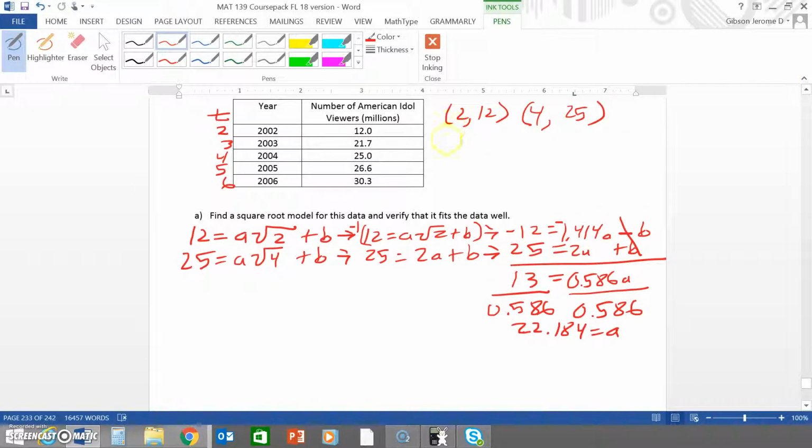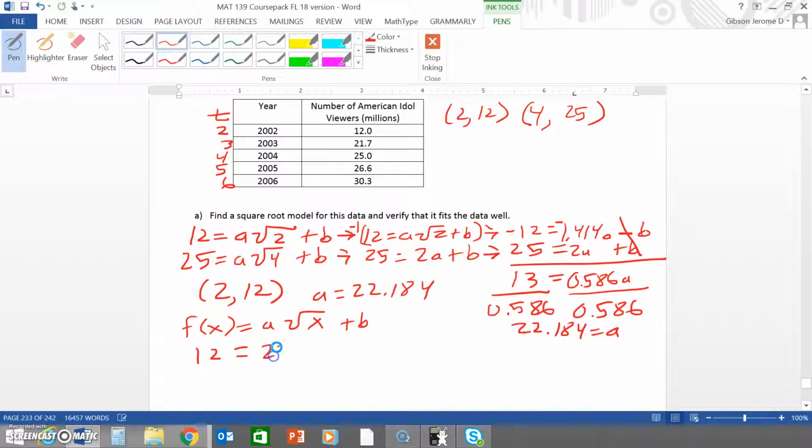The ordered pair I would pick is (2, 12), and we also have that A is equal to 22.184. So the formula is f of x is equal to A times the square root of x plus b. We know f of x is the same as y, so we'll put 12 in for f of x. A is 22.184, and x is 2. So we'll substitute in 2 for x, and then we will have plus b.